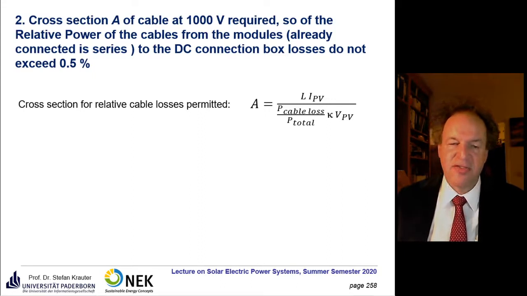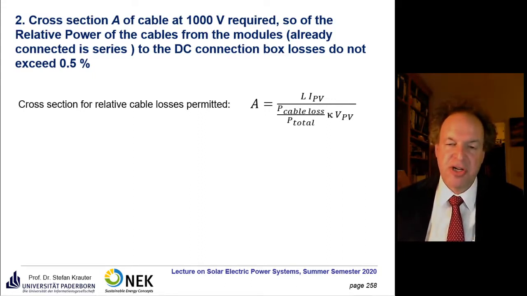Next task is to find out the cross-section of a cable at the 1000 volts required. So the relative power loss of the cables from the modules to the DC should not exceed 0.5%. So the maximum loss is 0.5%. That's what we calculate.